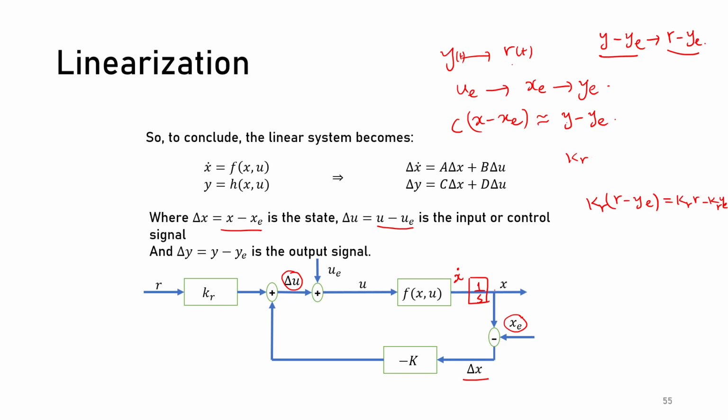So, let's say for the output you can measure y, and then let's say u equal to ue plus delta u, and delta u equal to minus k times delta h and plus kr times what?